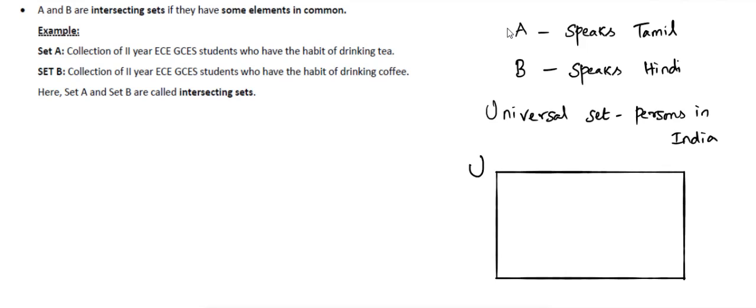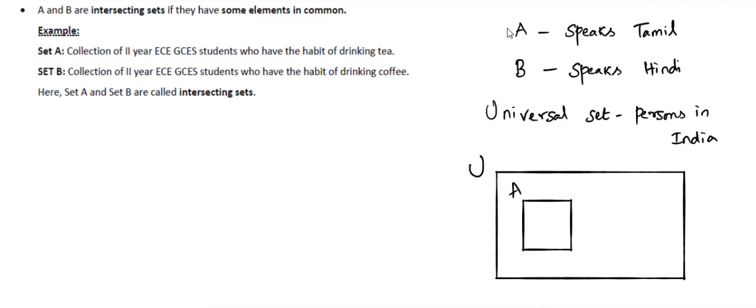Now, I am taking set A like this, in which I put people who speak Tamil. Now I am taking another set B, who speak Hindi. What will be the diagrammatic representation you will be giving out?